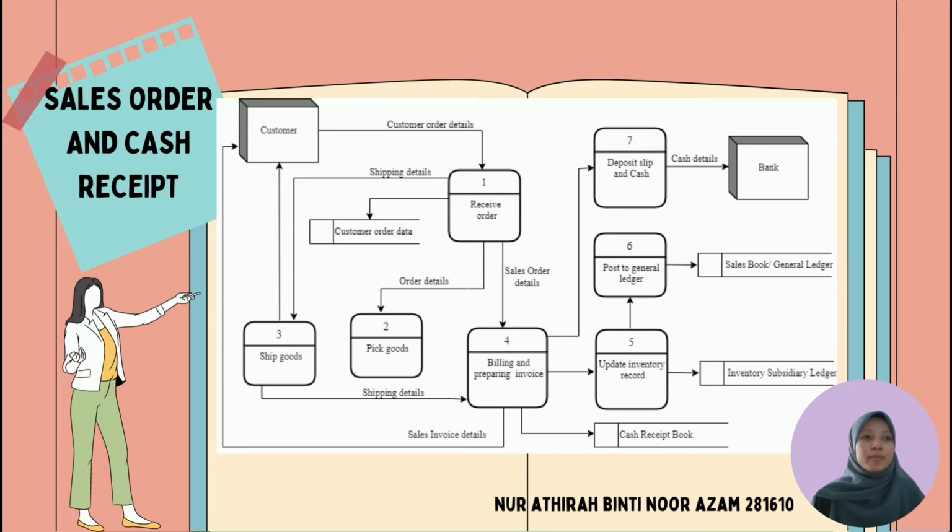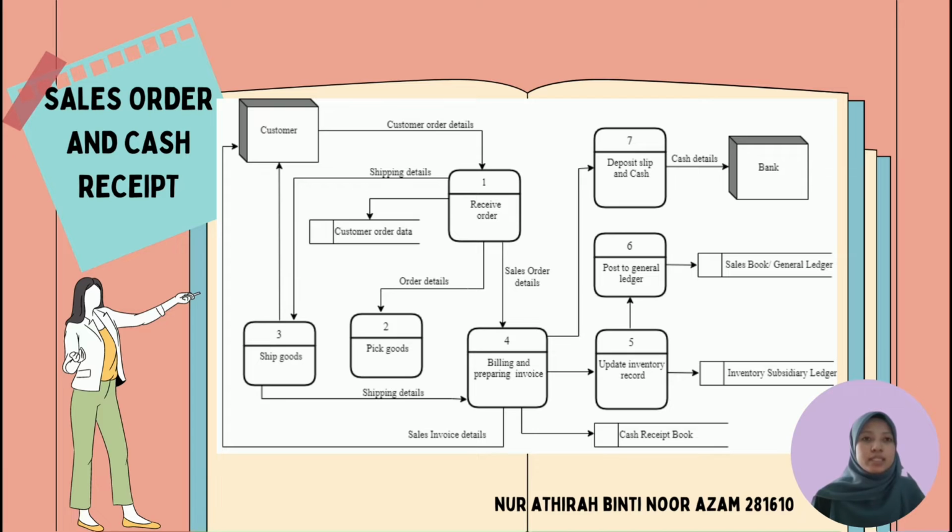And then the billing and preparing invoice will save the data in the cash receipt book. And then it will also update the inventory record, which will be saved in the inventory subsidiary ledger, and then will be posted to the general ledger and saved to the sales book or general ledger.